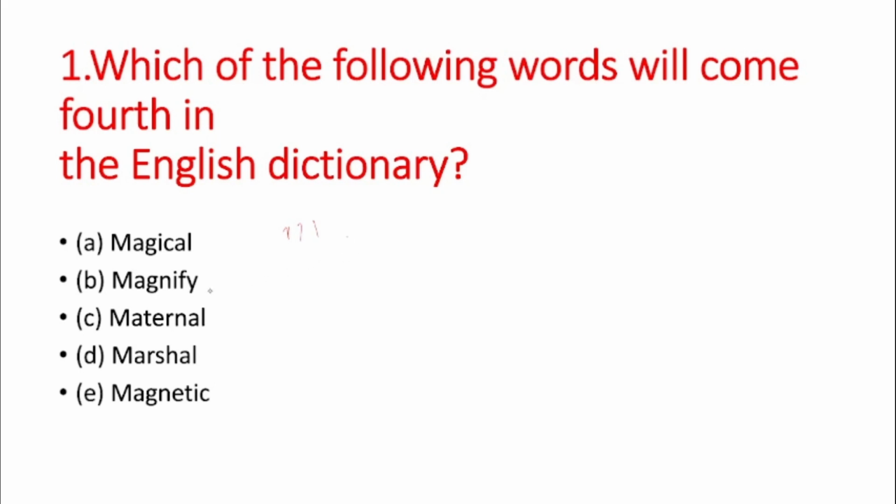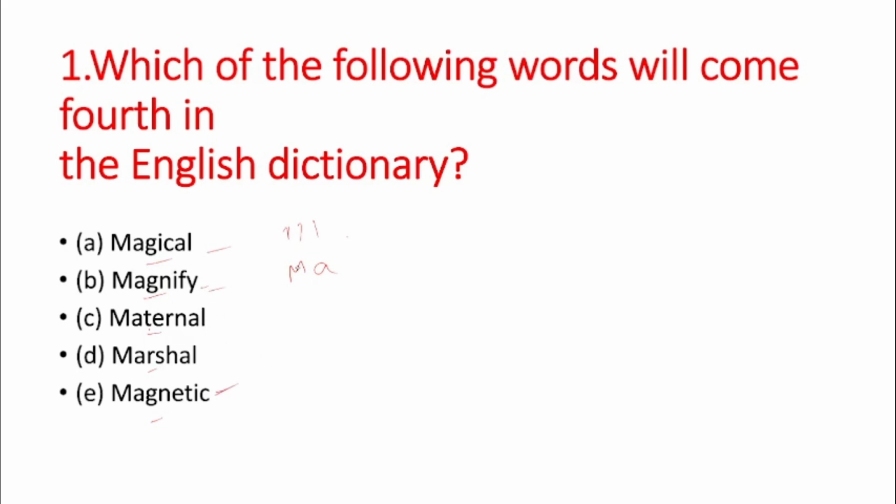As every word is starting with M and A, we can skip the first and second letters, and we need to see the third letter, right? The third letter here is G, G, T, R, G. So definitely G comes before T and R, right? So the first word would be between these three words, that is magical, magnify, and magnetic.